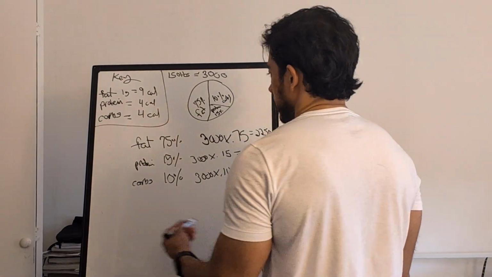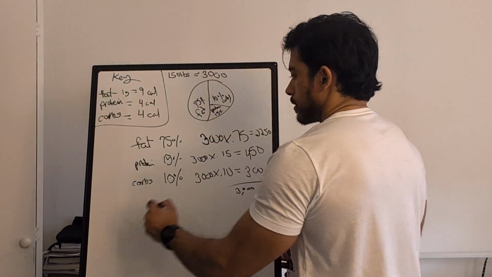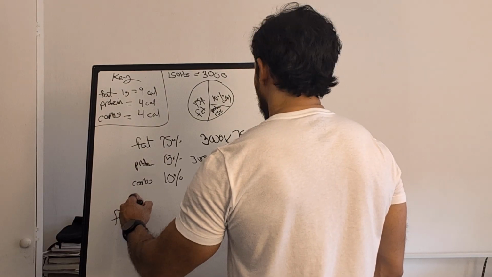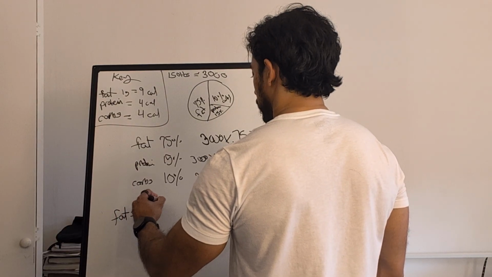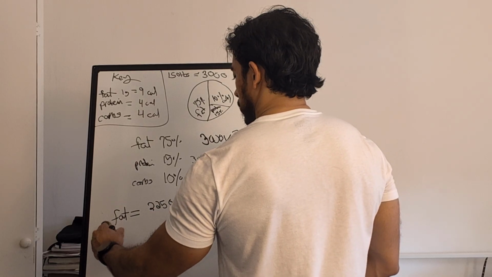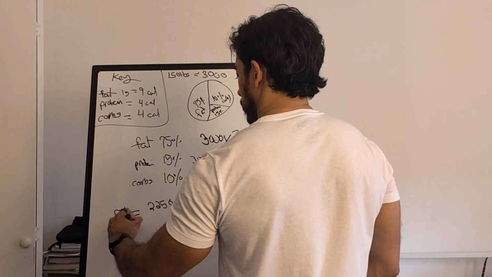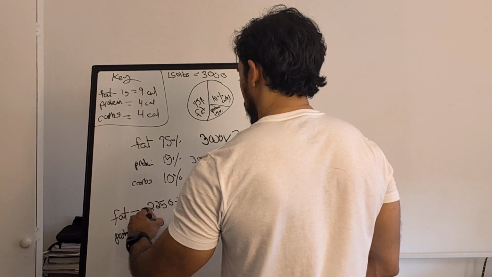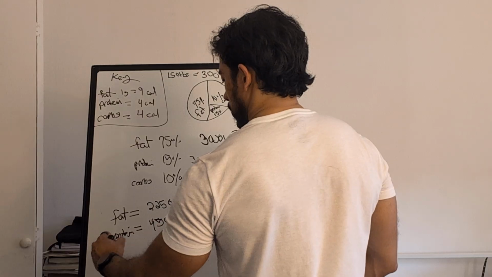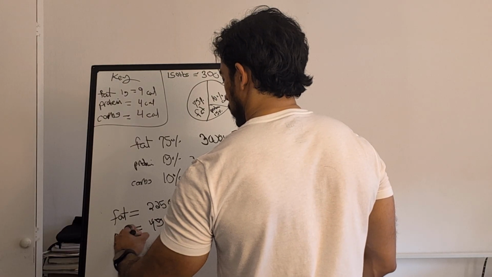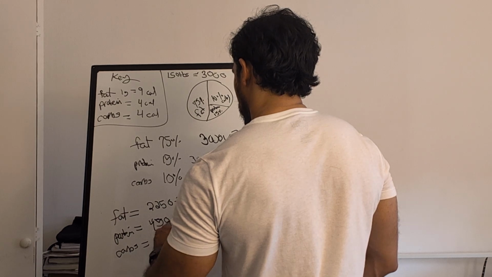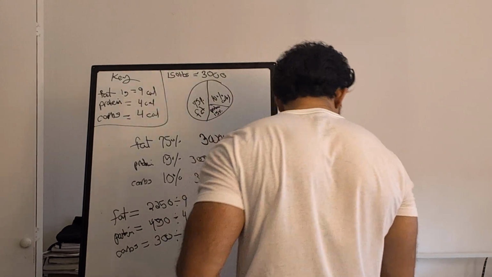Guys, this is the breakdown right here, right? And then you just divide it by the amount of calories per gram. So fat, it's 9 calories, right? So 2250 divided by 9. Protein, 450 divided by 4. And then carbs, 300 calories divided by 4.